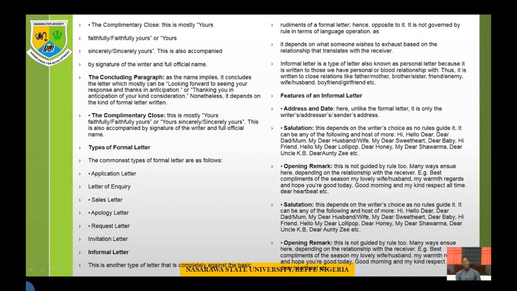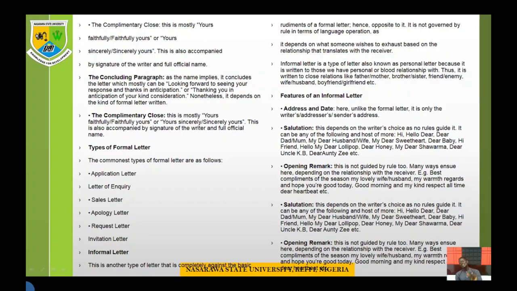The next thing after this is the complimentary clause. This is mostly yours faithfully or faithfully yours, depending on your choice, or yours sincerely or sincerely yours, depending on your own interest. But there are two things here. If it is faithfully yours or yours faithfully, it means that you do not mention the name of the recipient, as I've already explained.